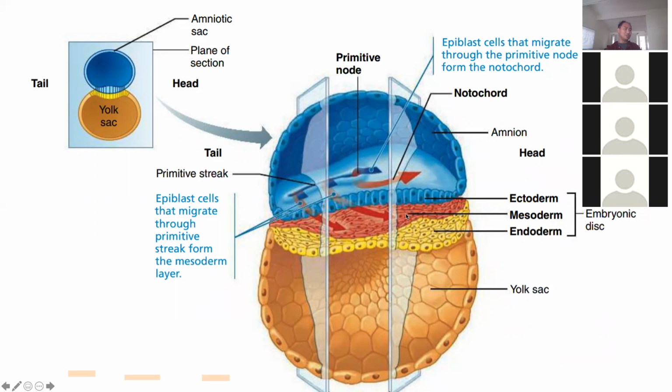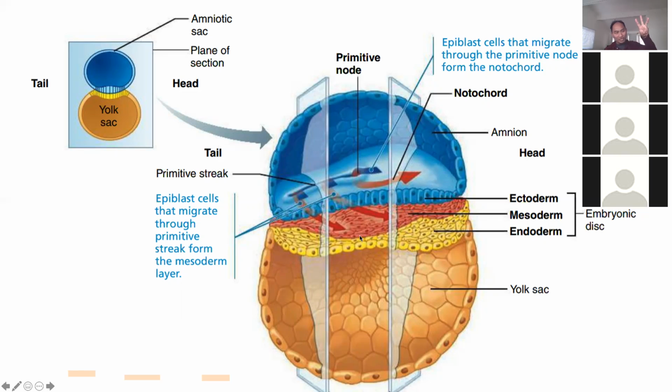And look at that mesoderm. So let's say from the fertilization, gradually 2 cells meet 1 cell, and then split into 2, split into 4, and finally split and split and split. And then finally we got to 2 layers at 2 weeks. At week 3 we got 3 layers: ectoderm, mesoderm, endoderm.